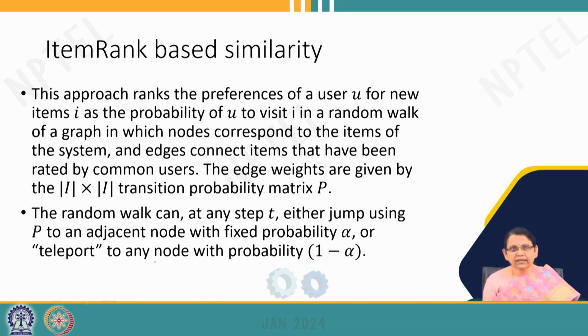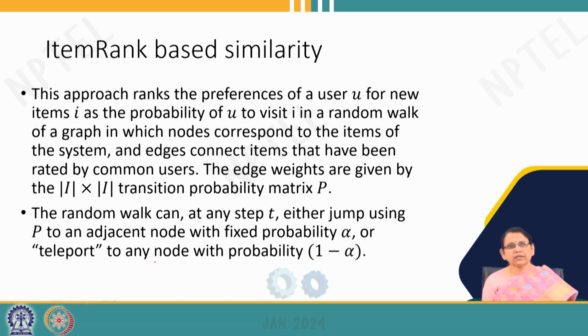This approach ranks the preference of user u for a new item I as the probability of u visiting I in the random walk of a graph in which the nodes correspond to the items of the system and the edges connect items that have been rated by a common user.